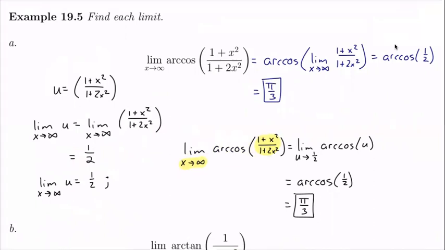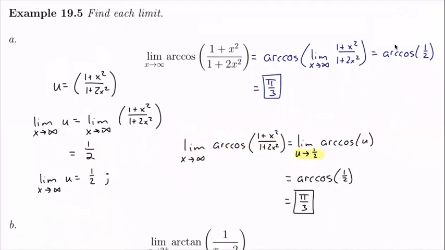So I can swap that rational function out for the variable u, let u approach 1/2, pop that into here, and then I'm just doing this as the arc cosine of 1/2. And that doesn't necessarily use the continuity of arc cosine, or I guess it actually does.